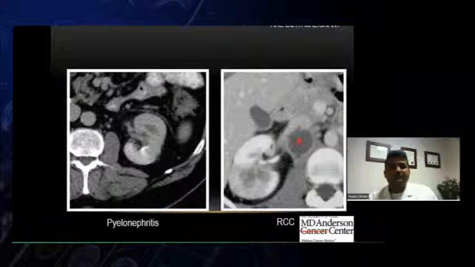So when you see such a lesion, it can be either, and I'll talk about renal cell carcinomas which look like this later in this presentation. But the presence of adenopathy should alert you to the possibility of malignancy as one of the differentials.